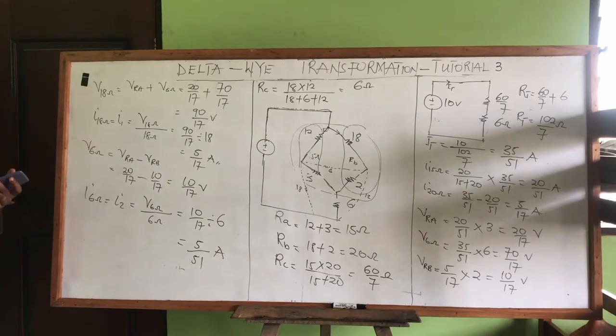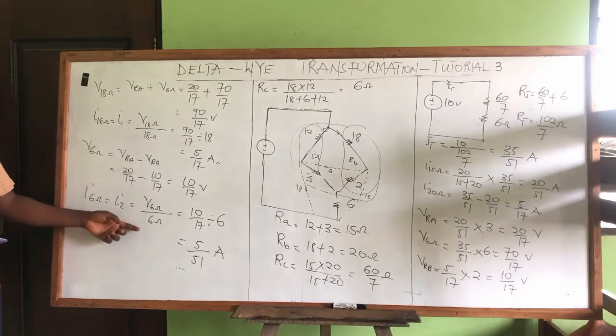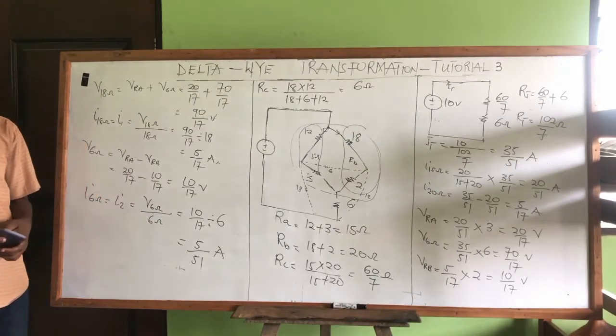So in this diagram, we've managed to get the currents we are asked to calculate. That is I1, which is 5 on 17 amperes, and I2, which is 5 on 51 amperes. So we are done with our question.